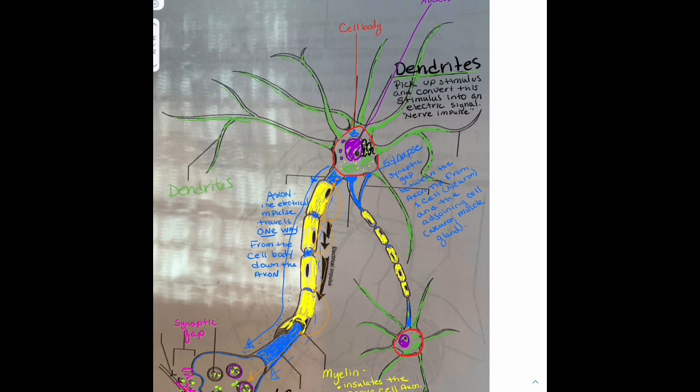And then the electrical impulse follows through to the next cell, whatever that next cell may be. And that, ladies and gentlemen, is your typical neuron. Impressive, right? Like totally impressive. They're amazing. And that's the end of this video. Okay, guys, I'll talk to you in a little bit.